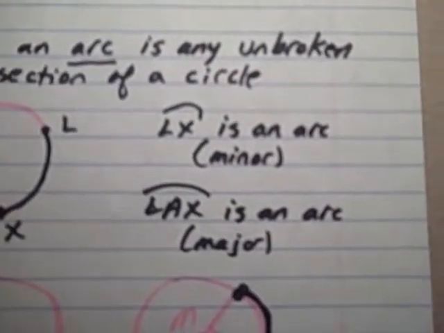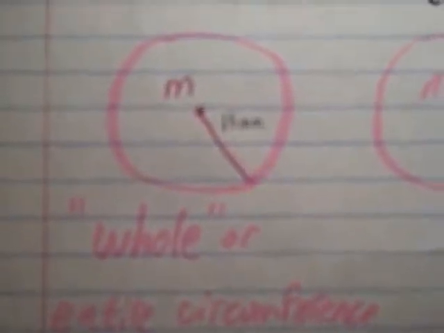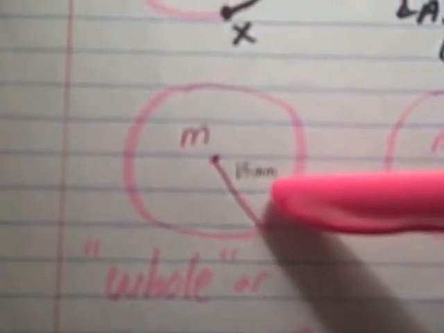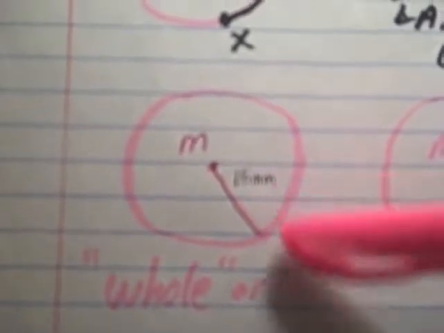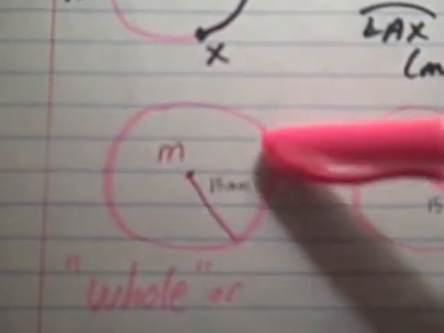So, having reviewed what an arc is, we will also determine that you can determine an arc length by taking a piece of the circumference. So here's the whole circumference of the circle. And remember, we have a formula. If we know that the radius is 15 millimeters, like it is here, then we can determine the length around the whole circle by plugging it into a formula.